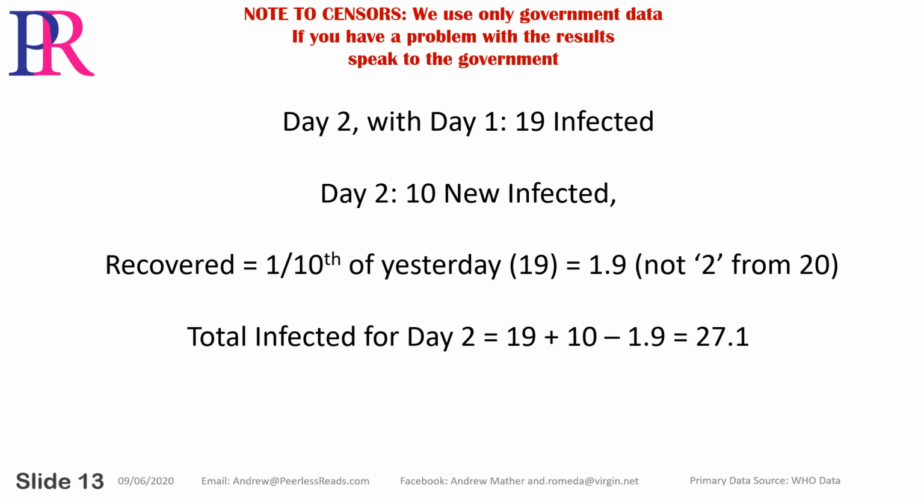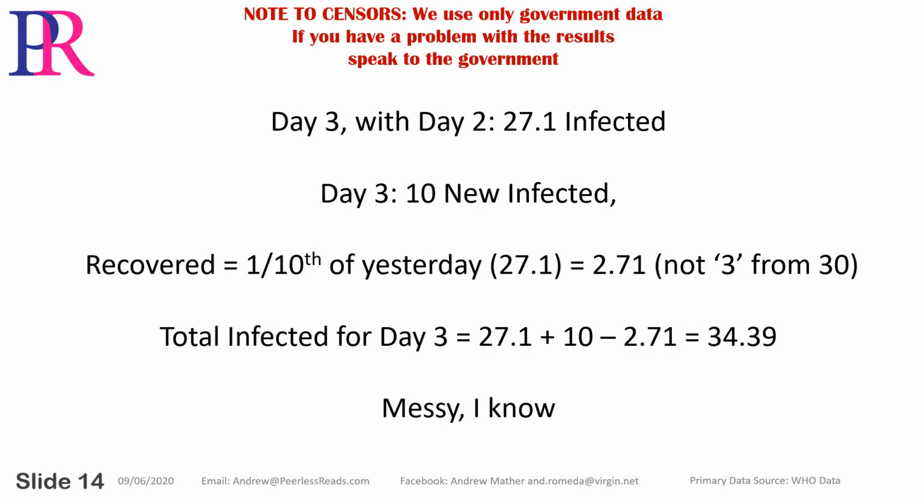Total infected for day 2 is 19 plus 10 minus 1.9 is 27.1. Day 3, 27.1 infected, 10 new infected, recovered, 1/10 of 27.1 is 2.71. Total infected for day 3, 27.1 plus 10 minus 2.71 equals 34.39.